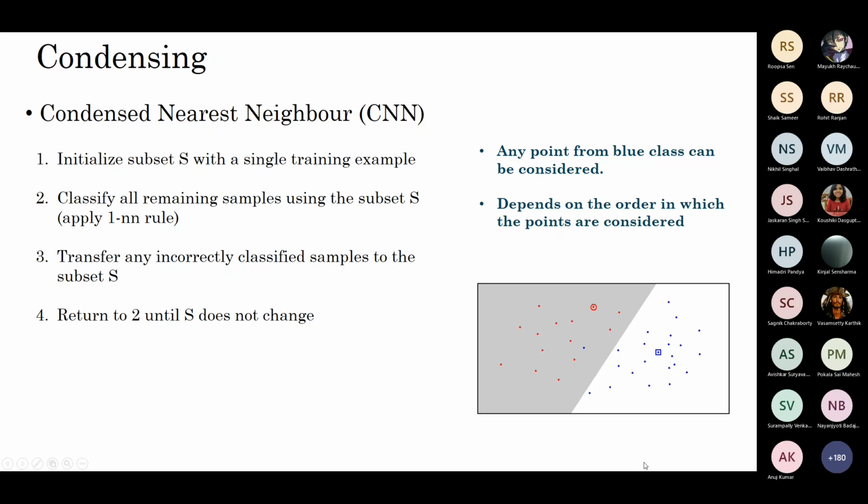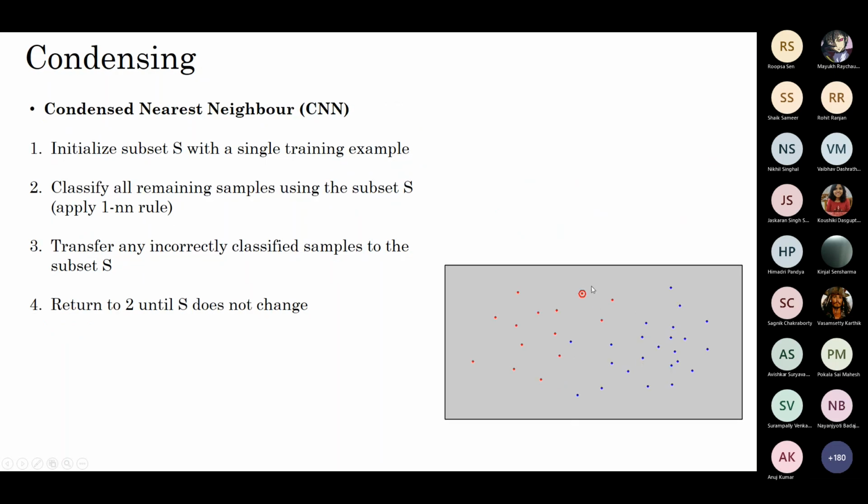Make sense? Okay. So, in this trivial case, let me go back to the previous slide. When you have set S with only this point, all the red examples will have no problem. That's the correct classification, because there is only one sample in the training set S. It's a trivial case.